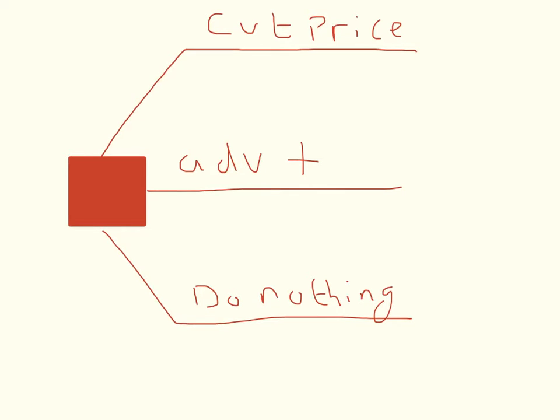So here we have the square, which is the start of the decision tree and shows that there are choices to be made. The choices shown are via the lines coming off the square, so cut price, increase advertising, or do nothing. Once the choices are there, then the decision tree will show the possible outcomes of each decision.